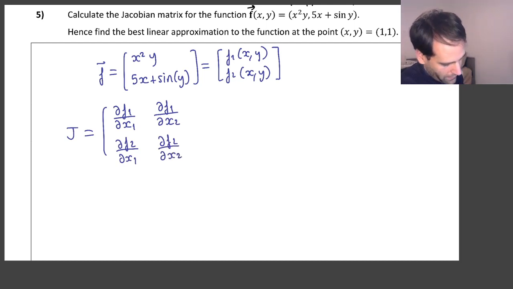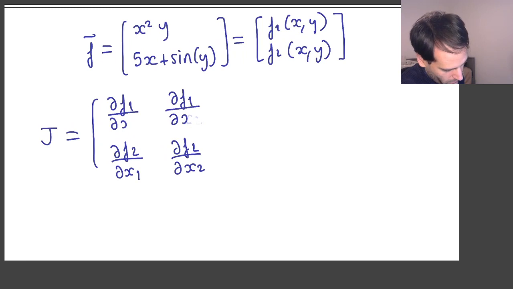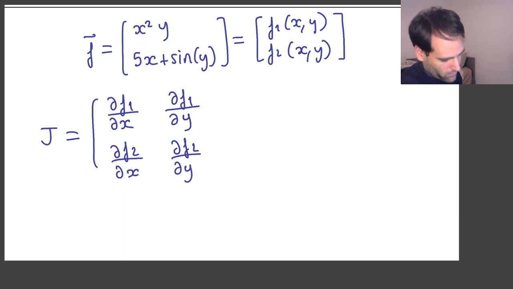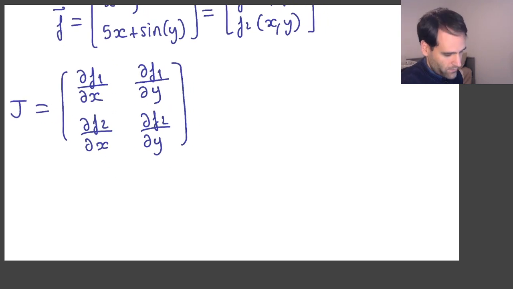Instead of using x1 and x2, I am using x and y. So x1 is x, the first variable, and x2 is y, the second variable. Now I only need to calculate those four partial derivatives.